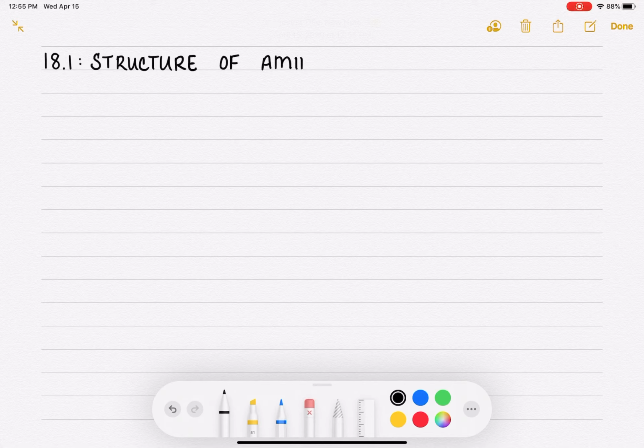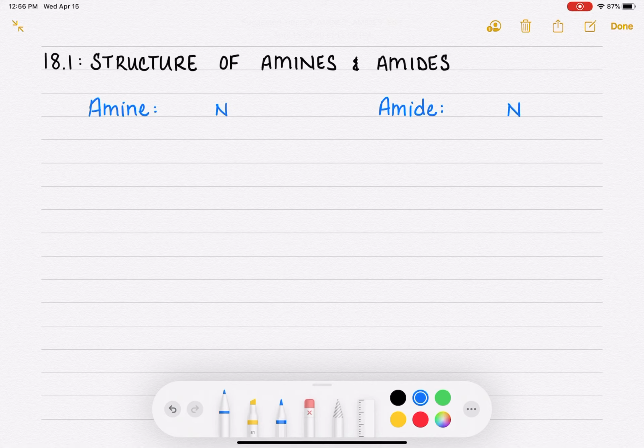And in this chapter, we're talking about amines and amides. And so what we're going to do initially is just a refresher on the amine and the amide functional groups. They both are nitrogen-containing functional groups, so they're similar in that regard.